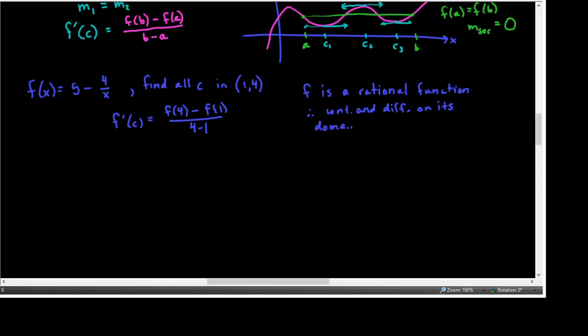And its domain is, you can't divide by 0, and if x is 0, then that happens. So it's continuous and differentiable from negative infinity to 0 and 0 to infinity.